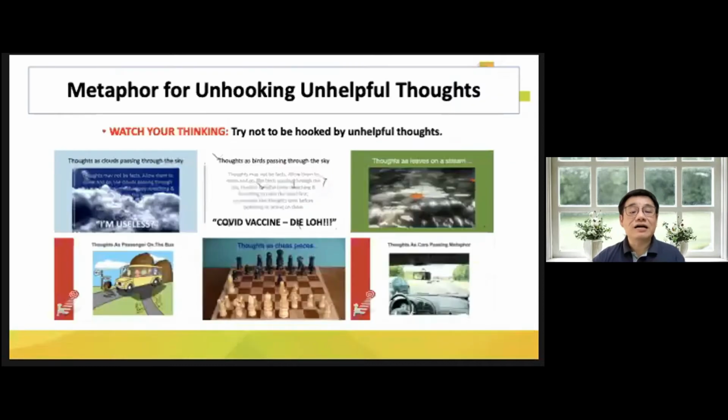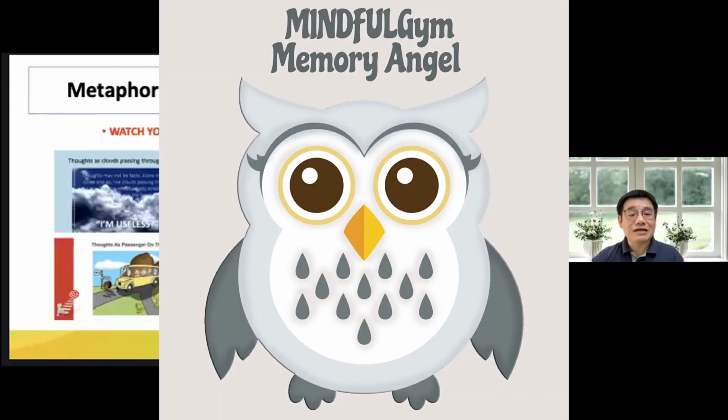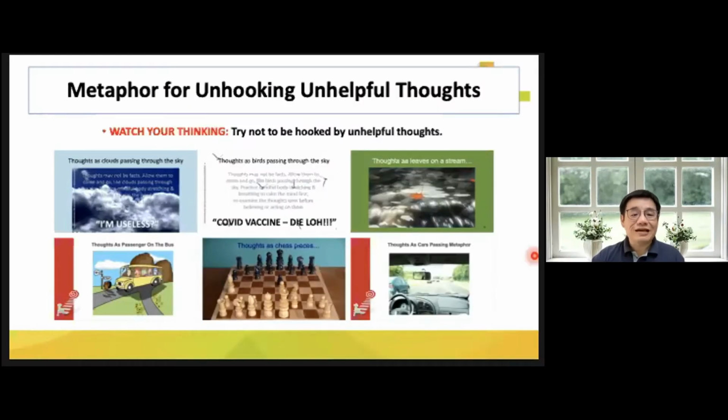Okay, and not too long ago, we also learned the cognitive diffusion method, a method to unhook negative thoughts. So it's important to remember and practice this MindfulGym tool so that we can overcome our fear. We can minimize our fear and face the stress and face the problem.